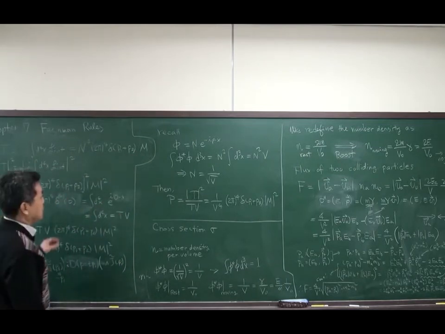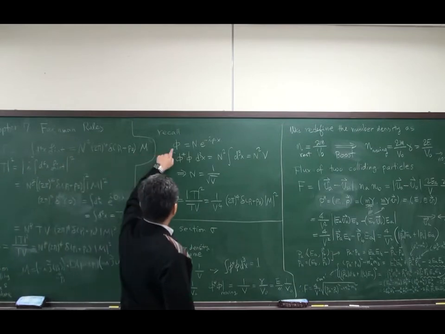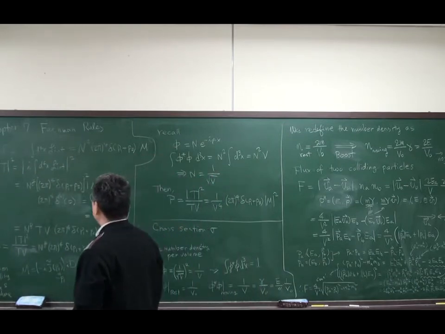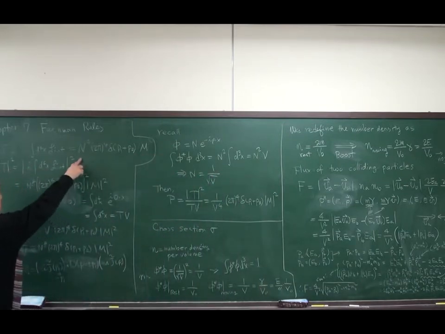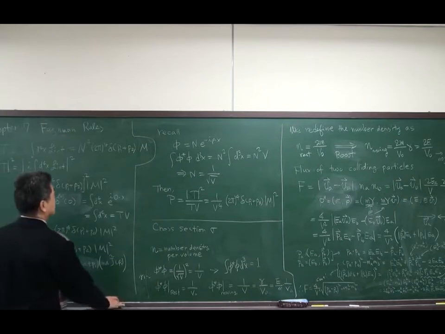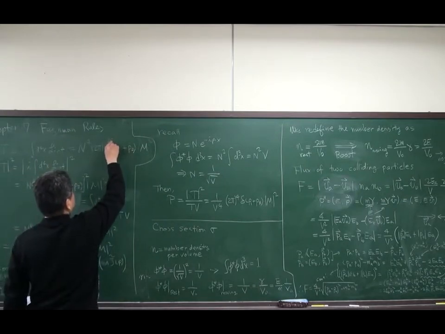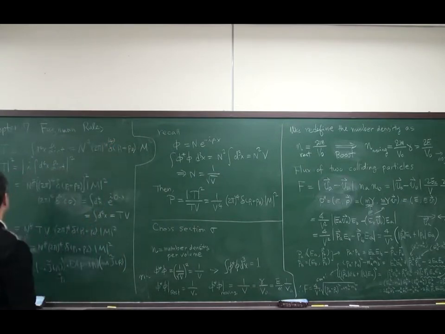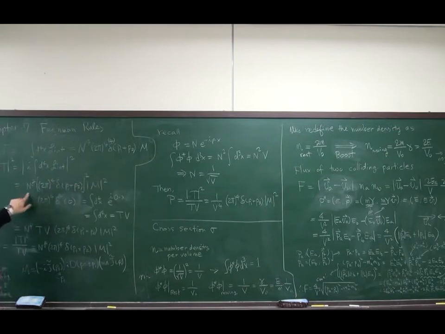If we make use of the normalization for the scalar wave function, then it is N to the fourth power, (2 pi) to the fourth power, the four-dimensional delta function, and the invariant matrix element. If we square this value, we can substitute this result in here.